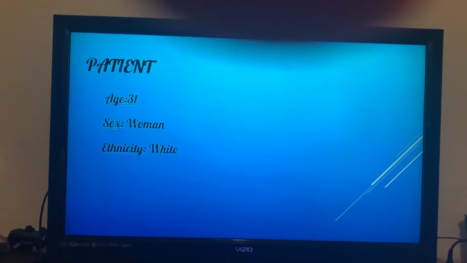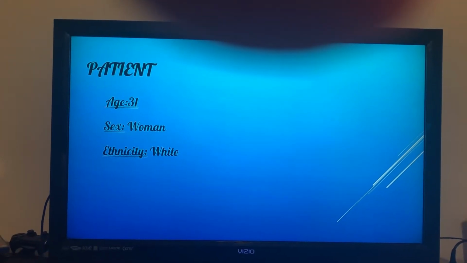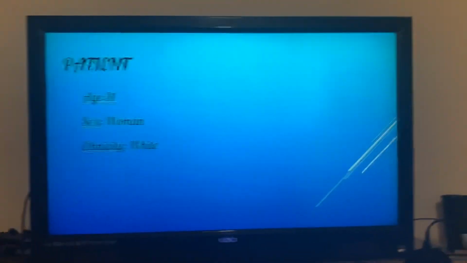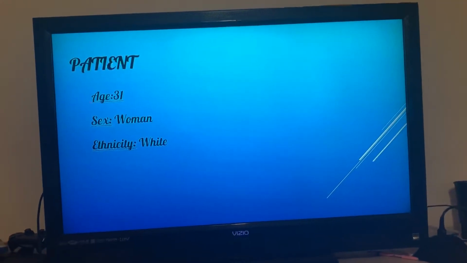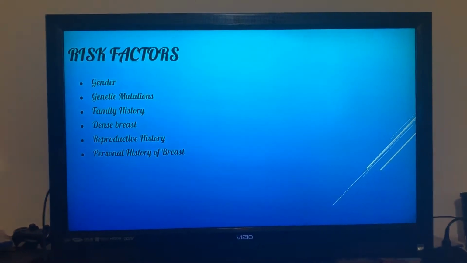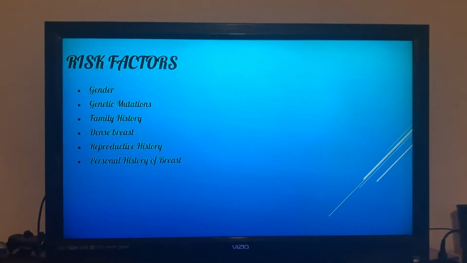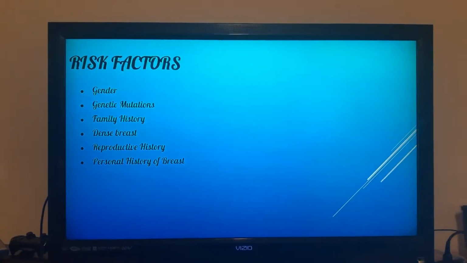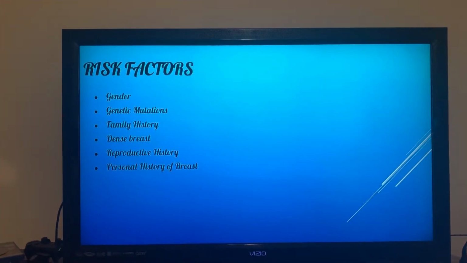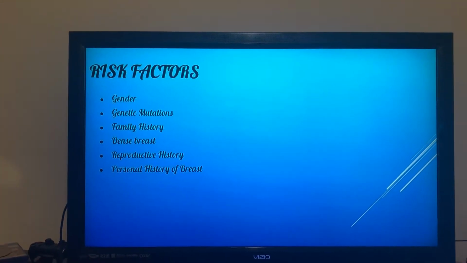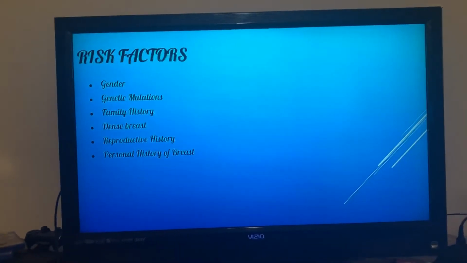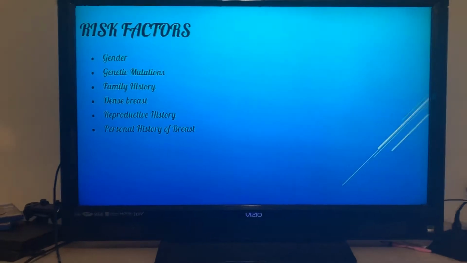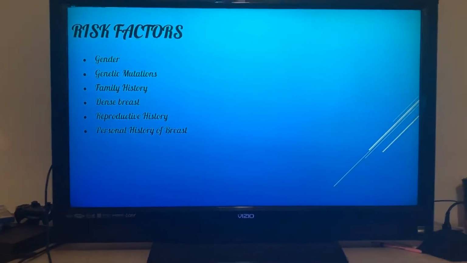So my patient is 31, a woman, and white. Risk factors: gender, genetic mutation, family history, dense breast, reproductive history, personal history of breast cancer, which just means if you had breast cancer before, there's a chance of it coming back.